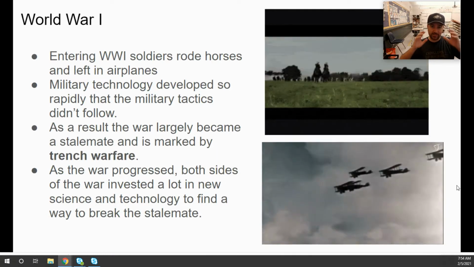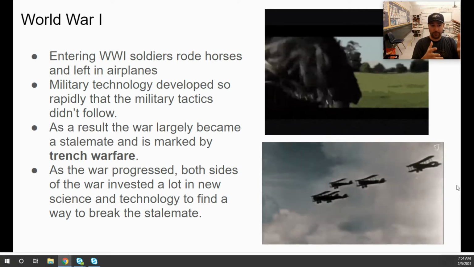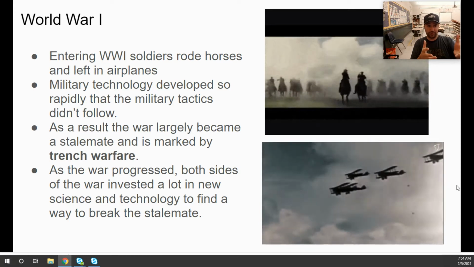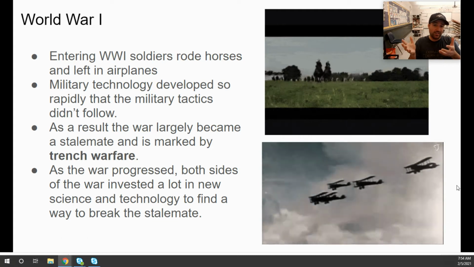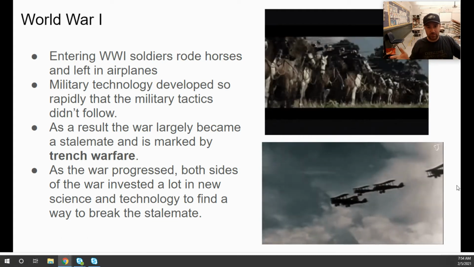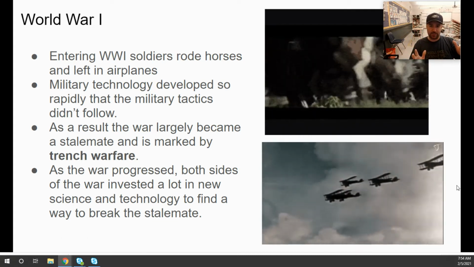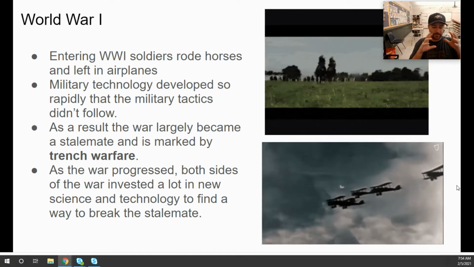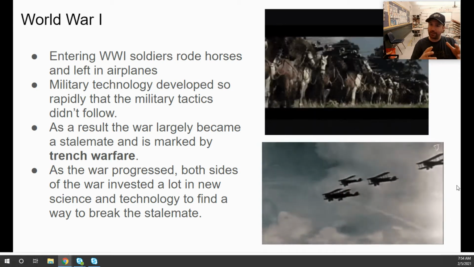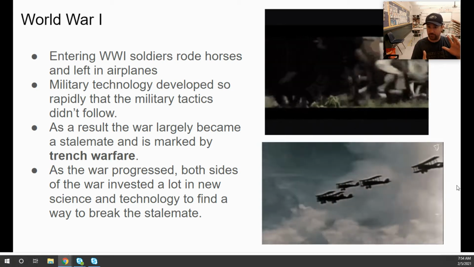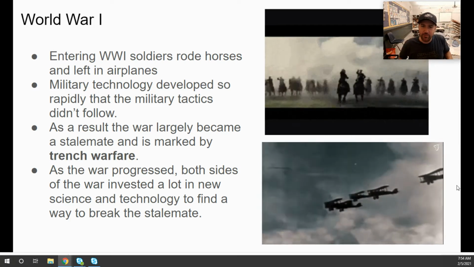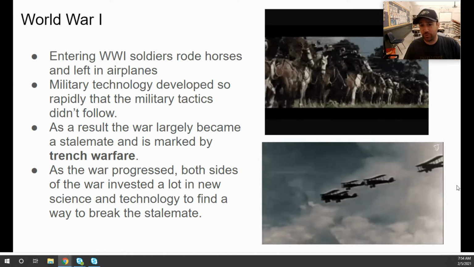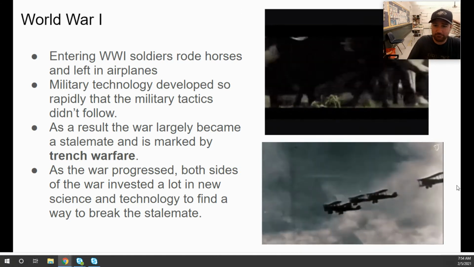What I mean by that is that, entering into World War I, soldiers would ride on horses, and by the time the war is over, they're leaving on airplanes and tanks. So there's a huge jump in military technology, and it starts at the beginning of the war, because the military commanders had this idea of how warfare should be conducted, and many of them thought that the fiercest soldiers on the battlefield would still be the cavalry.